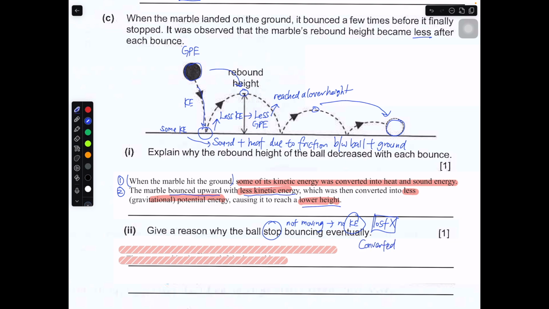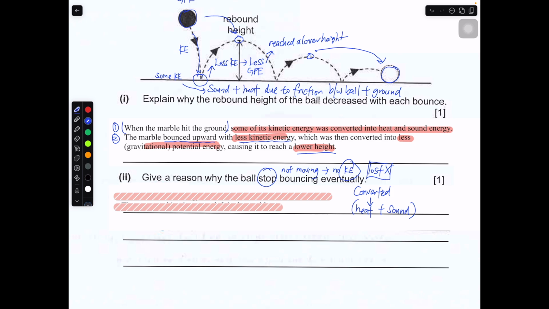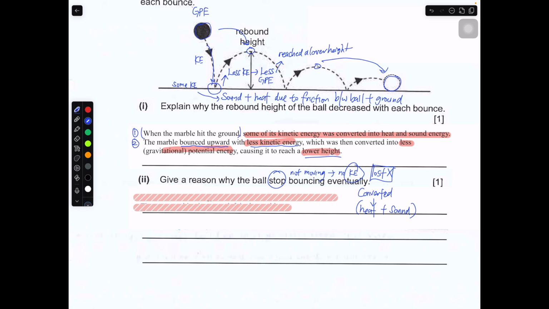But converted to what? Heat and sound. But this heat and sound are quite useless. You can't really use them to do some form of meaningful work. It's just being converted, but it is just there, and you can't really use it. So all the kinetic energy was converted to heat and sound energy.